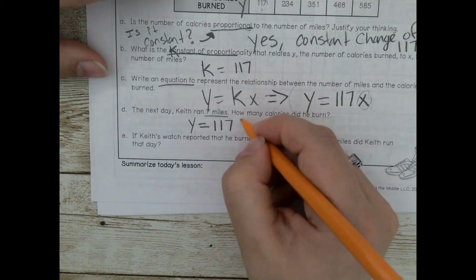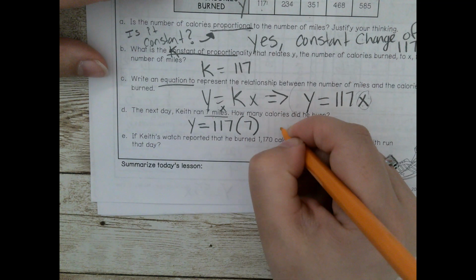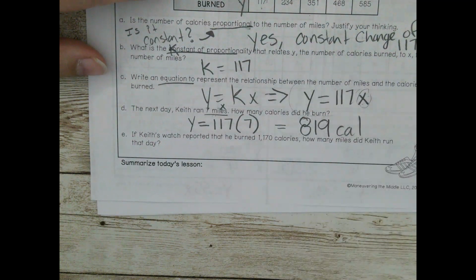Right? And then instead of X, we're going to do parentheses 7. Because in 7 miles, well, he would burn 819 calories.